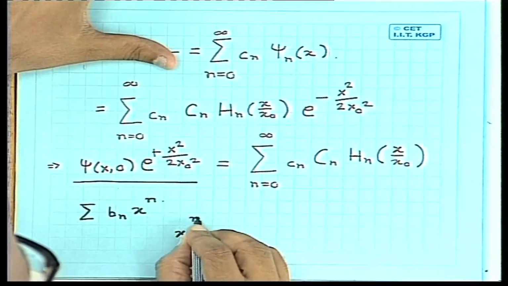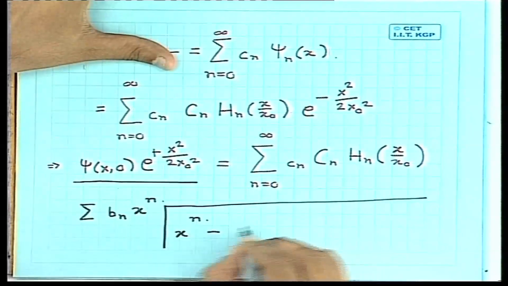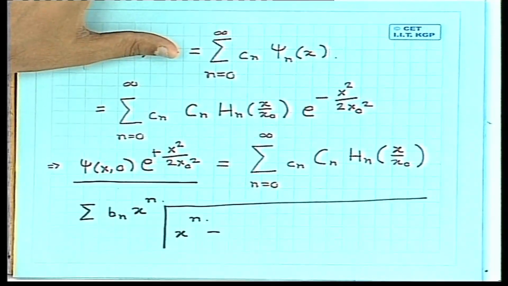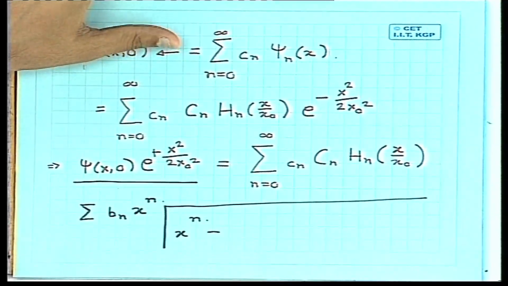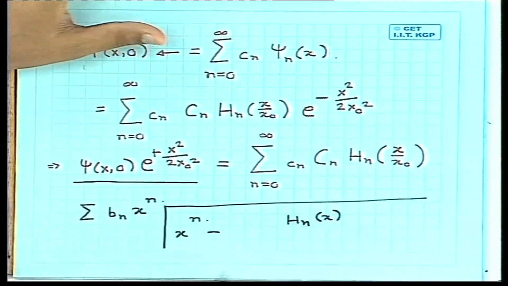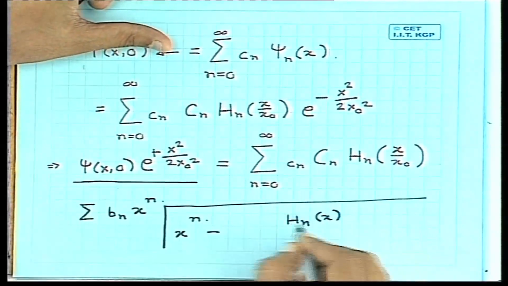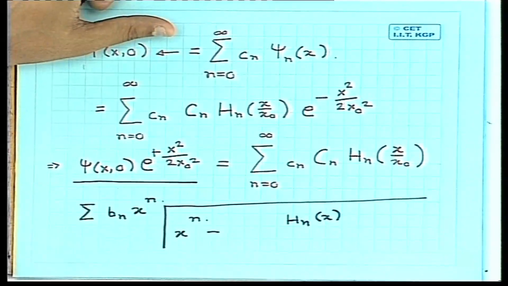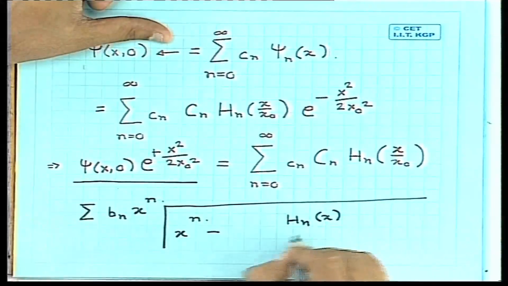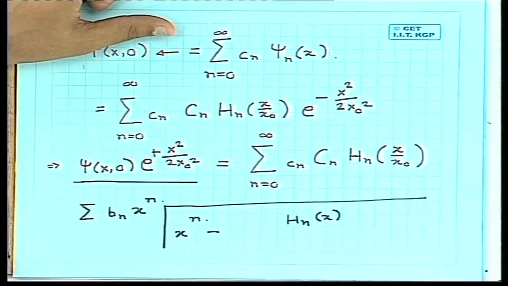Now any x^n can be expressed as a sum of Hermite polynomials. Any x to the power of n can be written as a sum of Hermite polynomials where H_n is the highest such polynomial that will be required, because H_n(x) will involve x to the power n, and by using appropriate lower Hermite polynomials I can get rid of all the other lower powers of x so that only x to the power n remains.